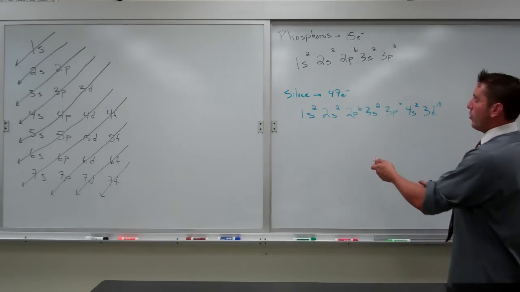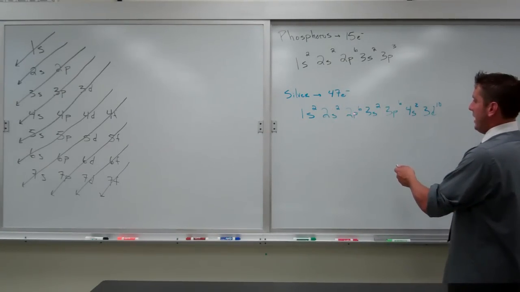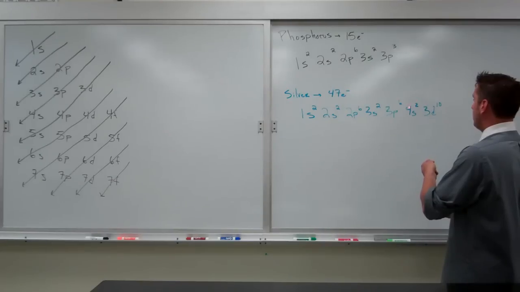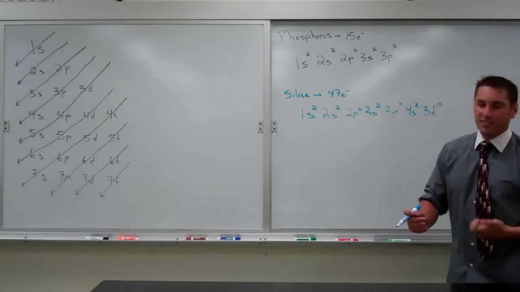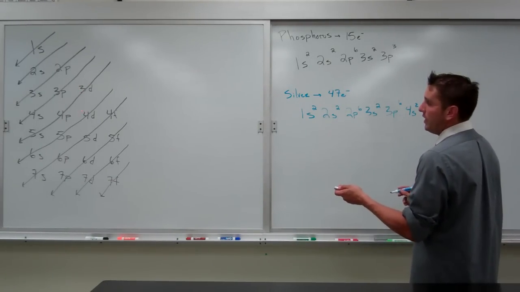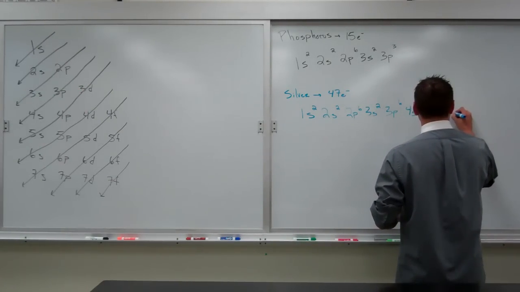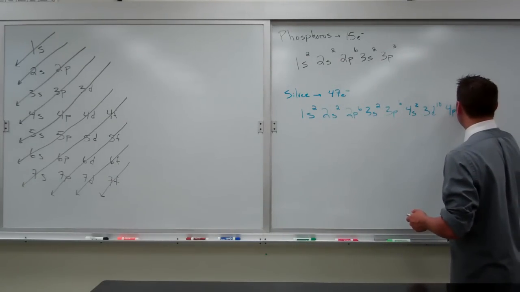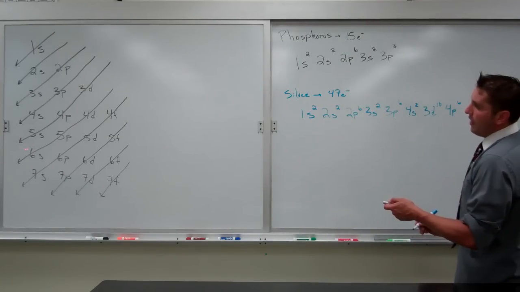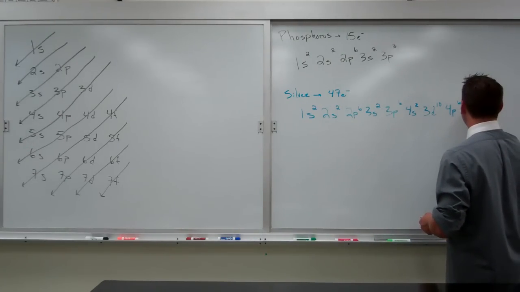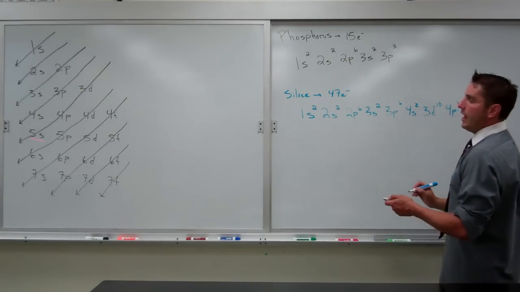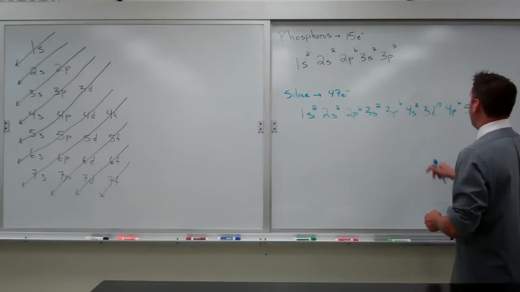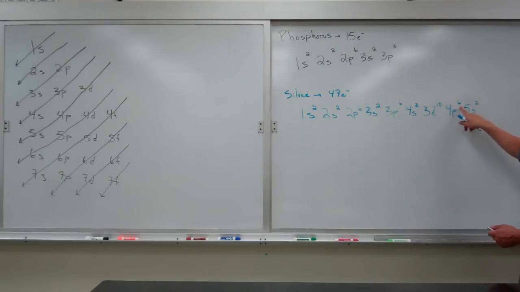So stop and take a look where we are. 2, 4, 10, 12, 18, 20, 30. We still have 17 to go. After the 3d, the 4p orbital fills, and a p orbital can hold 6. Then the 5s, and an s orbital can hold 2. So we were at 30 here, 36, 38. Still have to keep going.